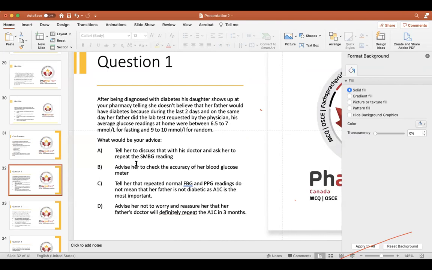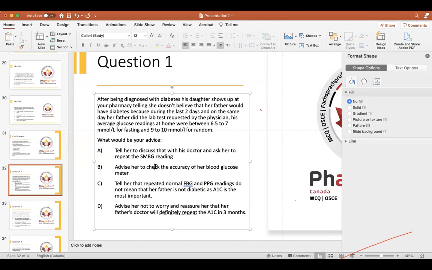This means the glucometer that she has at home is not working. According to the CTC, if the reading is within 15%, it should be fine. If the difference between the readings is more than 15%, the accuracy of the glucometer should be verified.